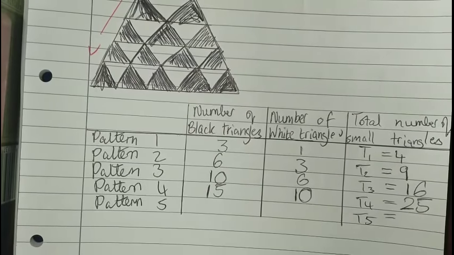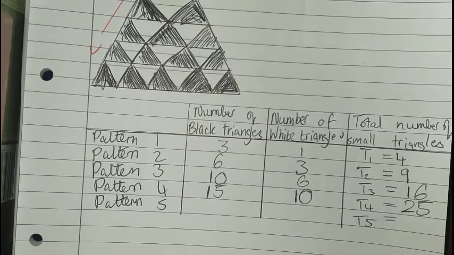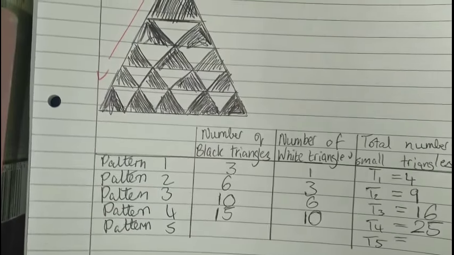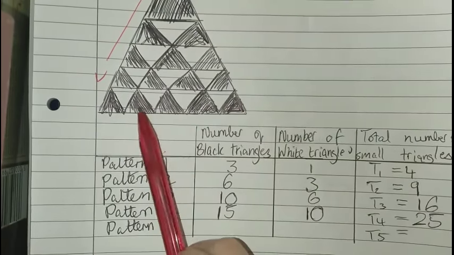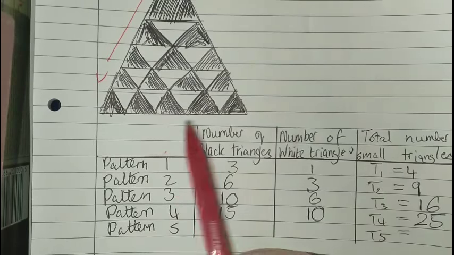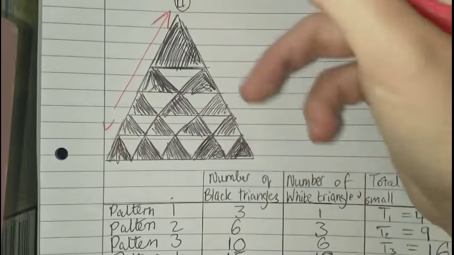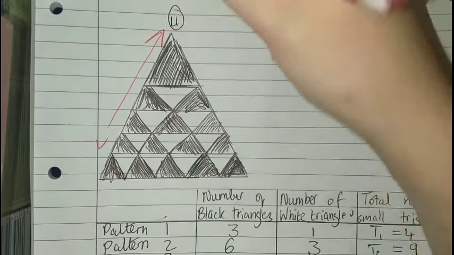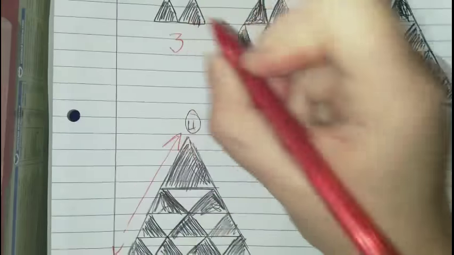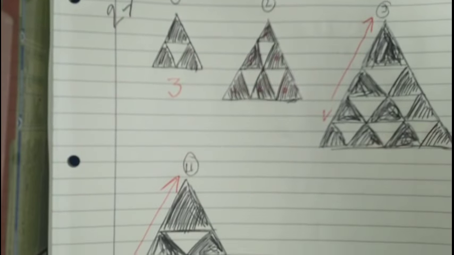We're asked to also fill in for pattern number 5, which we haven't drawn, but we can see that in the total number of black triangles, in pattern number 1, we have 3 black triangles, and then we're adding on an extra row.